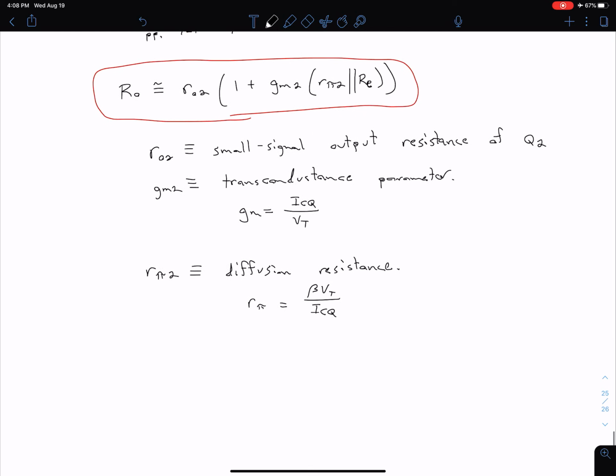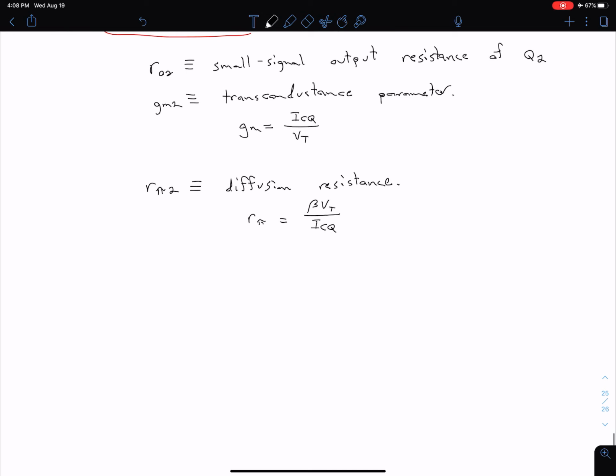So what we see if we look at this equation for our overall output resistance of this configuration is that we have a vast improvement compared to our 2 transistor current source.